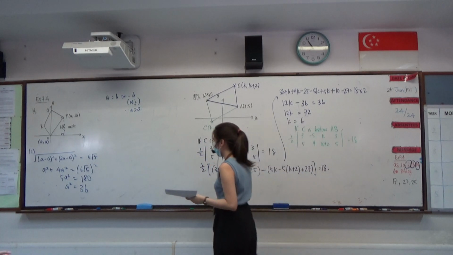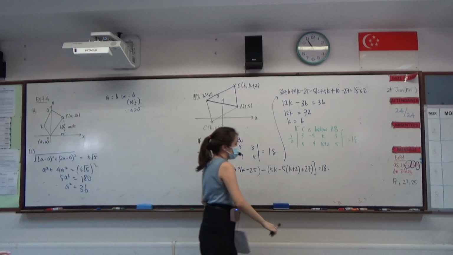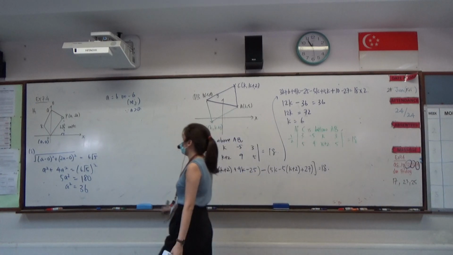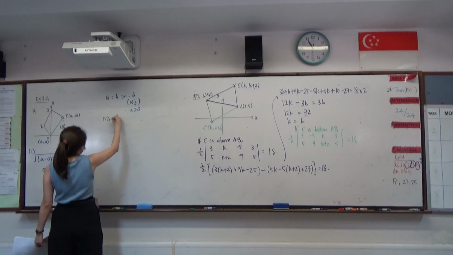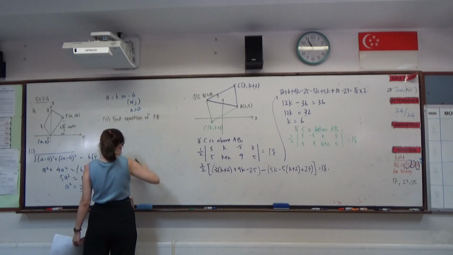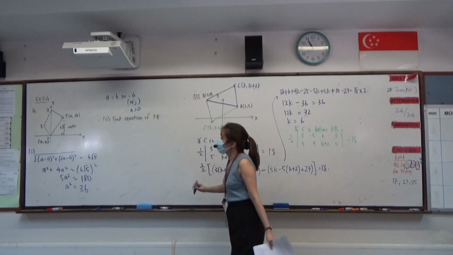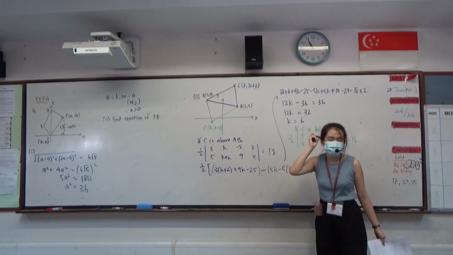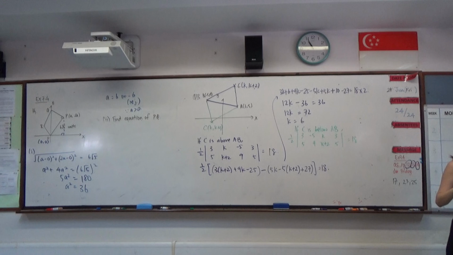Then part 2. Part 2 went on to say that PQ is perpendicular to OP and Q lies on the y-axis. We want to find the equation of PQ. So PQ being perpendicular to OP, will we be able to get the gradient of OP first? Wayne, can you find for me the gradient of OP?